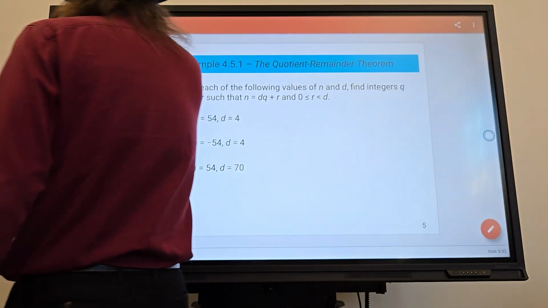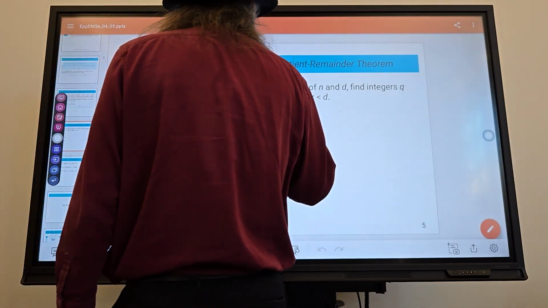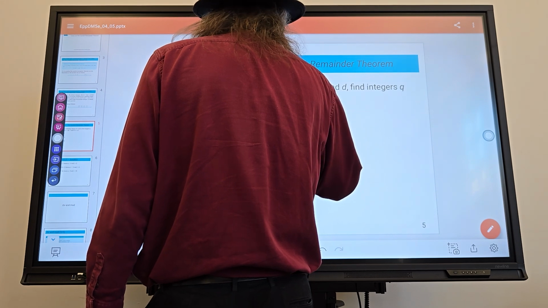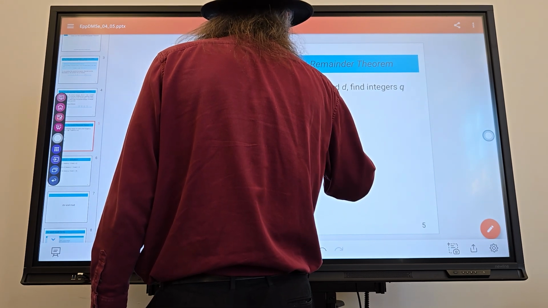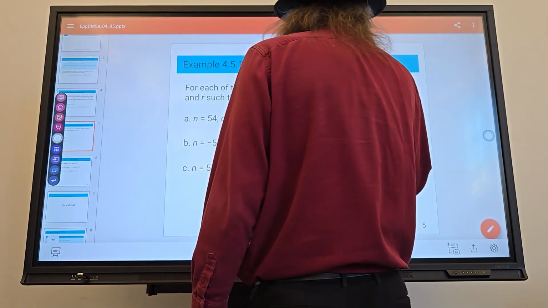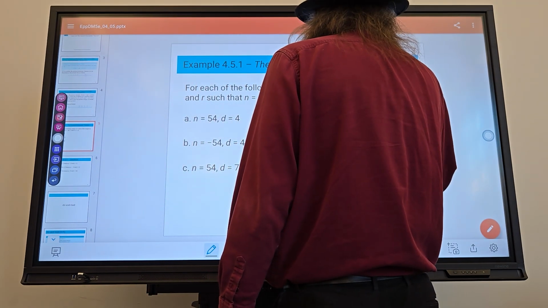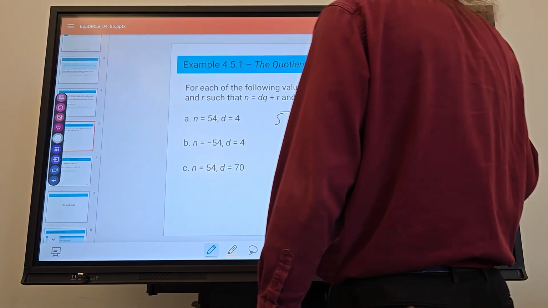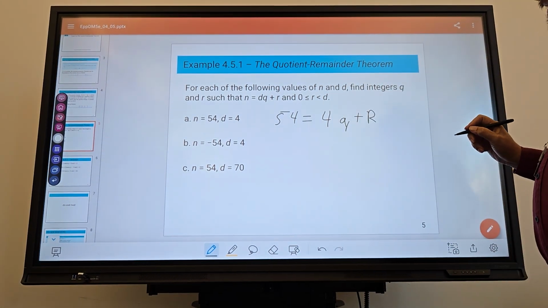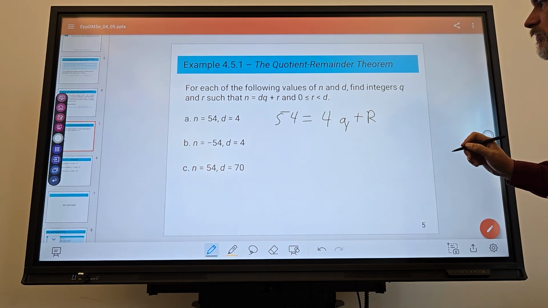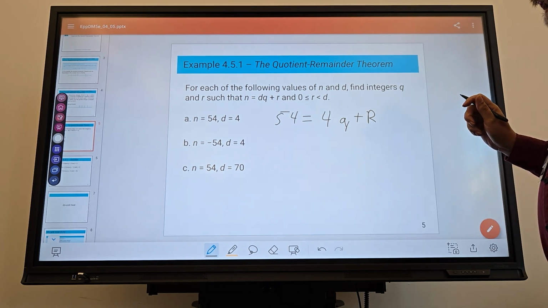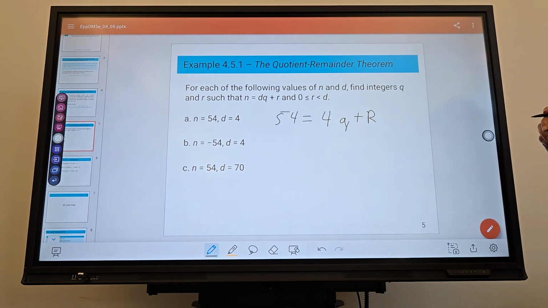Let's try my luck at this again. So 54 equals 4q plus r. All right. How would you solve that? What's the next step?